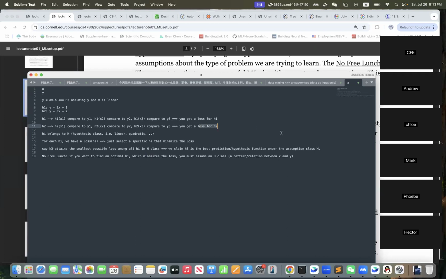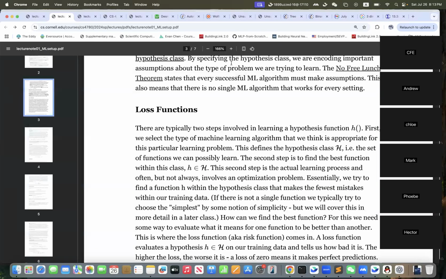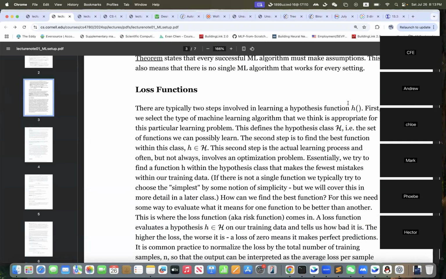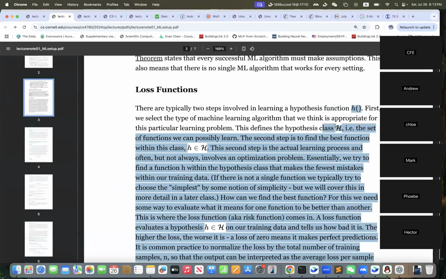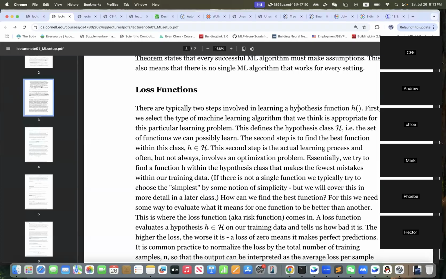Okay, so this is a big idea, and this is the fundamental idea of the no free lunch theorem. What is a hypothesis? What is a small h and what is a large H? What is a hypothesis class and what is a hypothesis function? The hypothesis class says something about the whole relation: it's linear, it's quadratic. The hypothesis function says what linear function it is, right?